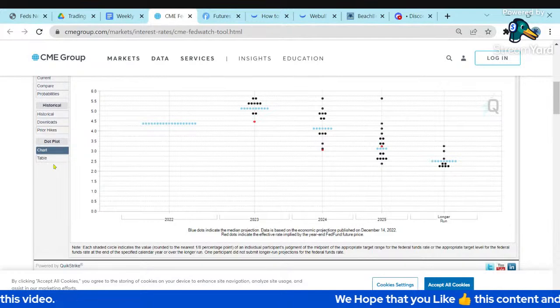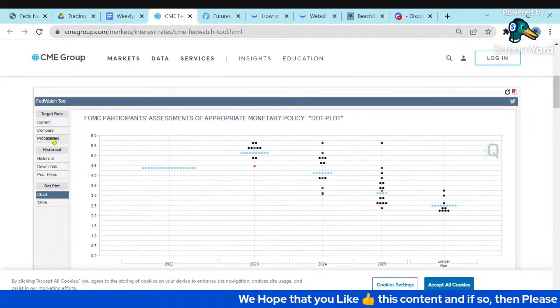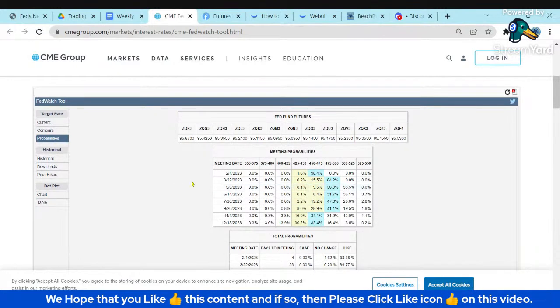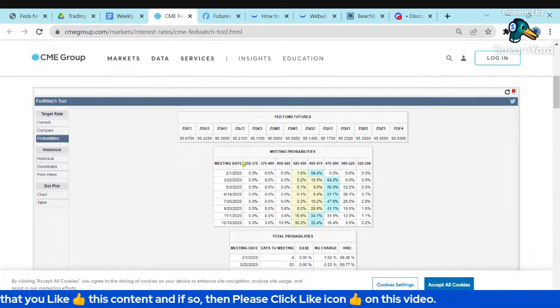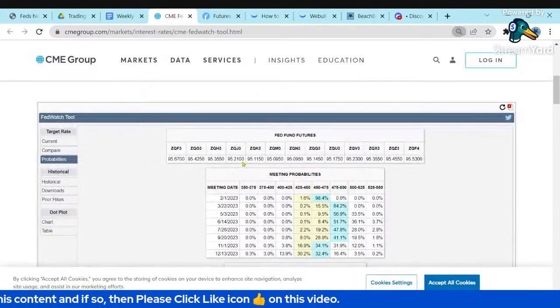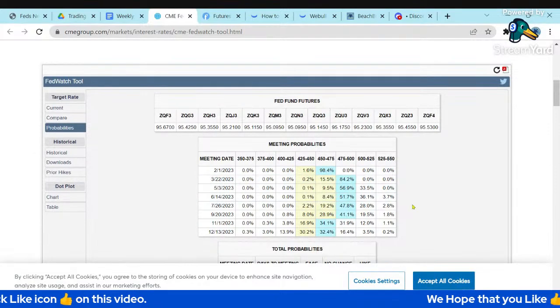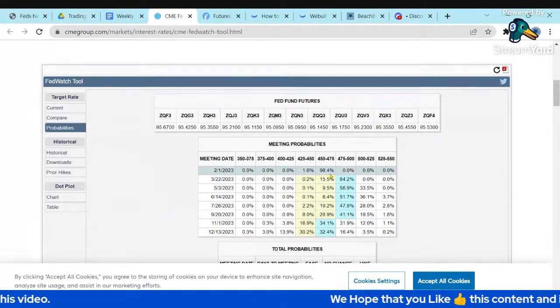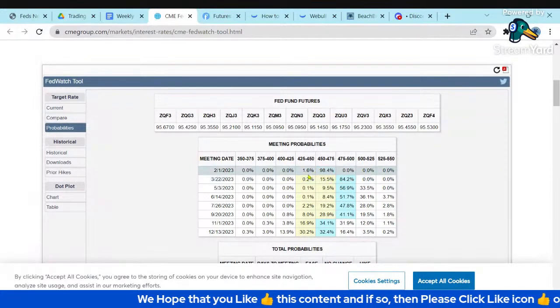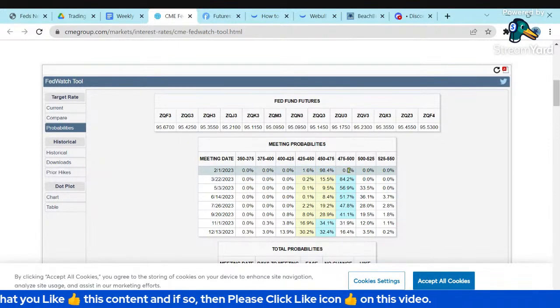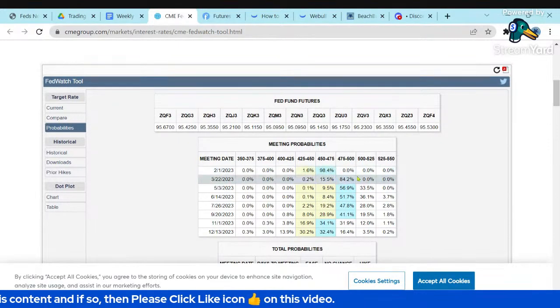Again, I'll let you explore this tool in further detail. You can get a table of the probabilities for the various Fed funds rates. Again, we can see the vast majority is predicting that the rate's going to be 450 to 475, 98.4%. Again, a very small percent, 0, no hike, and nobody's really betting that it's going to be a 50.